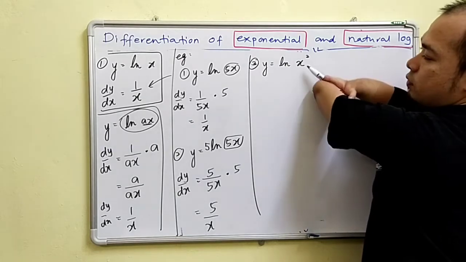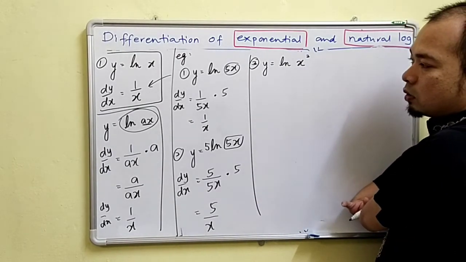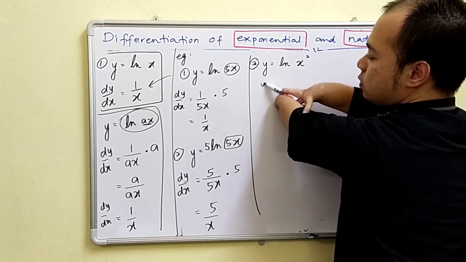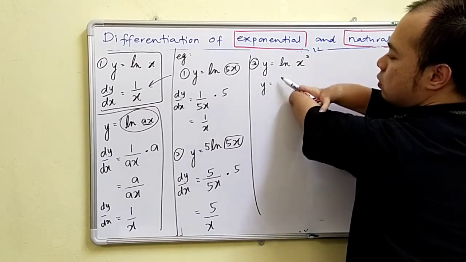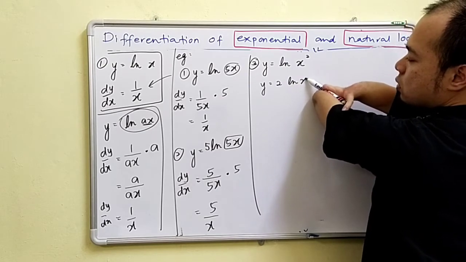How to simplify this function? Apply the law of logarithm. Okay, when there is a power, so you see I still write y, it's not dy dx yet, so power automatically will go down. So 2 ln x.